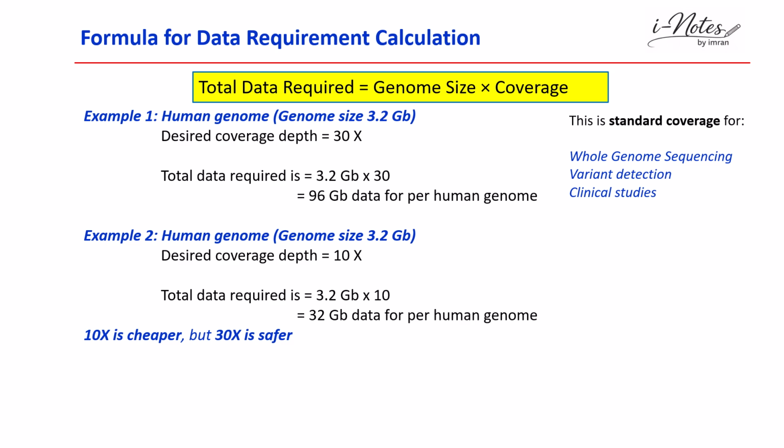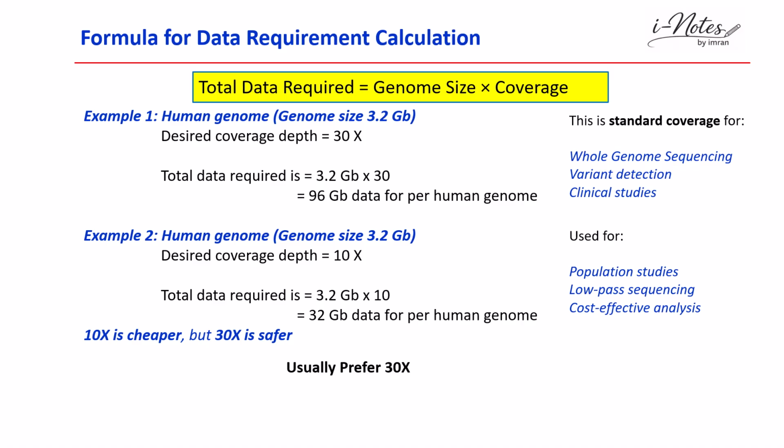What is important here is that 10x is cheaper, but 30x is also safer. But it depends on the kind of study you are doing. Generally, 10x coverage is used for population studies, low pass sequencing, and also if you have some cost-effective analysis to do or some kind of demonstration.